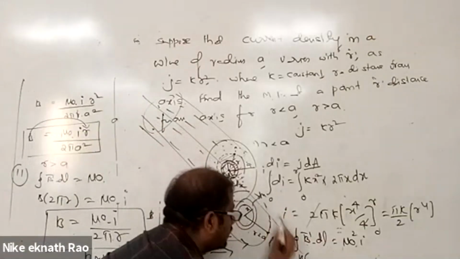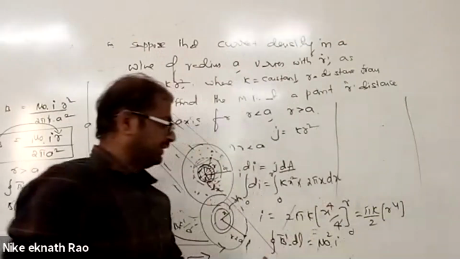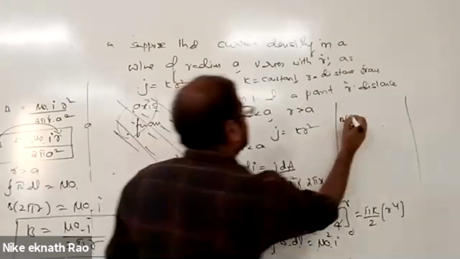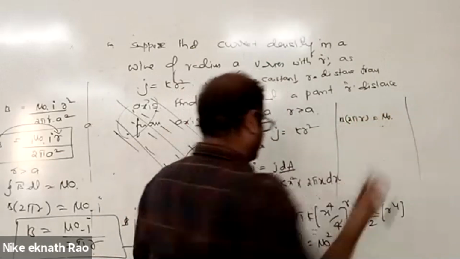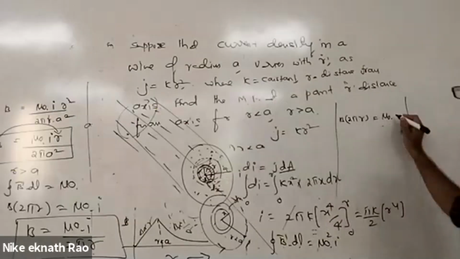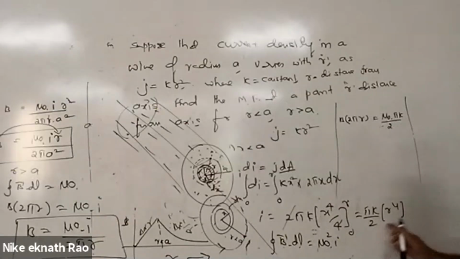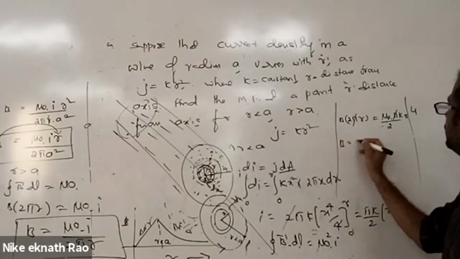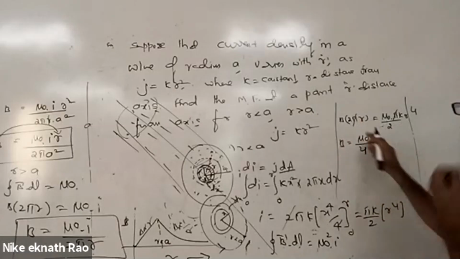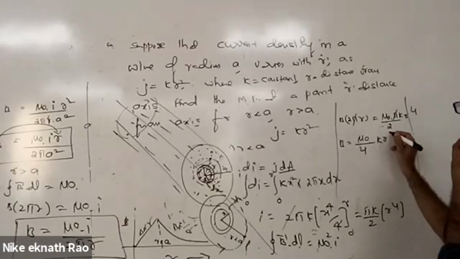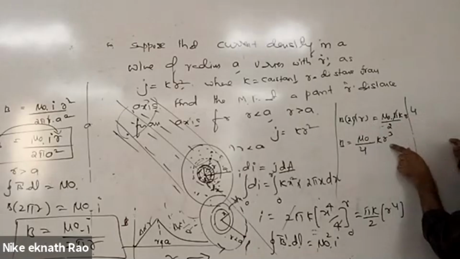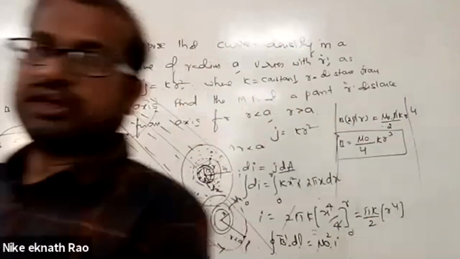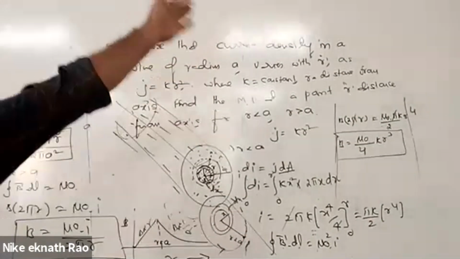So B into the integral of dl around the loop, 2 pi R, is equal to mu naught times the current, which is pi K by 2 into R power 4. Pi gets cancelled, and one R gets cancelled. So B is equal to mu naught K R cube by 4.